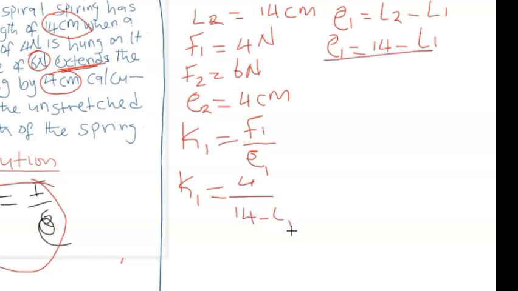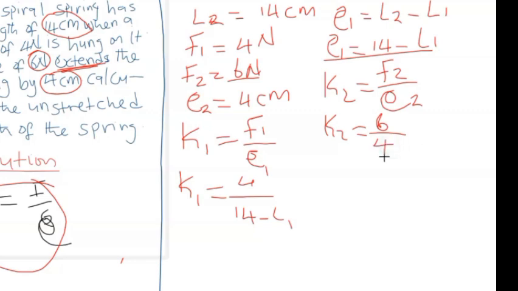Good. So my K2 is going to be expressed as F2 over E2. So my K2 is equal to my F2, which is 6 Newton, over my E2, which is 4.